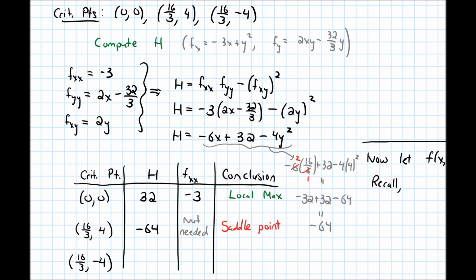Because the only difference is the y value is negative, but when you square it for the y squared term, we're going to get the same thing out. So we'll get the same H value here, negative 64, which means fxx is not needed. Not needed, and then as in the previous critical point, we have a saddle point because H is negative.